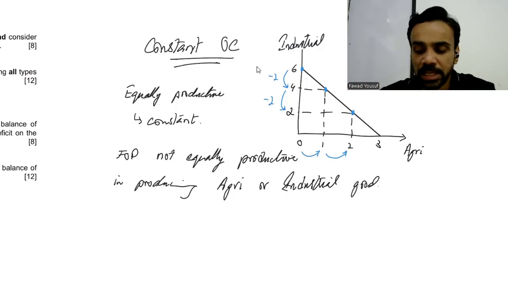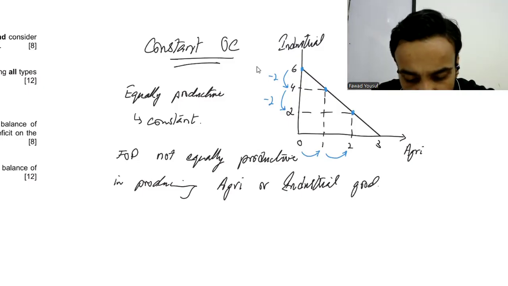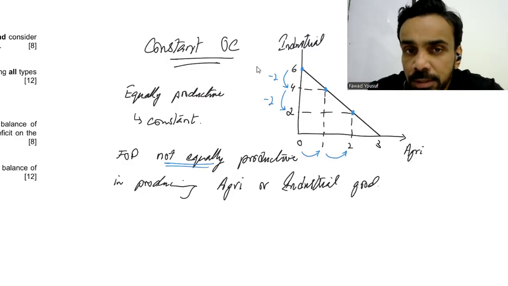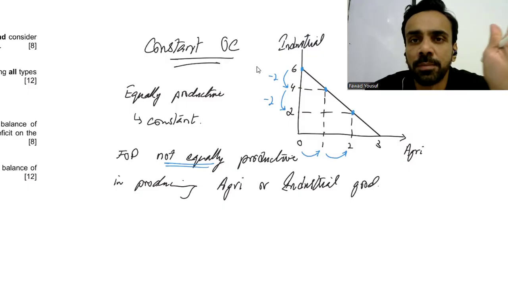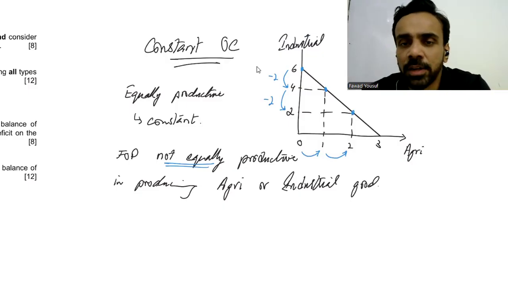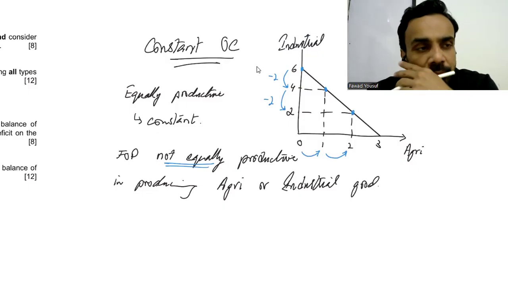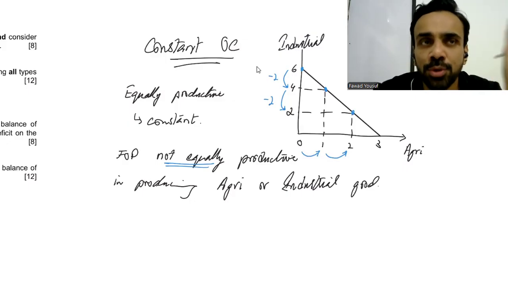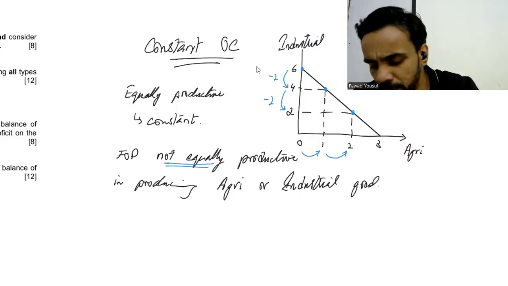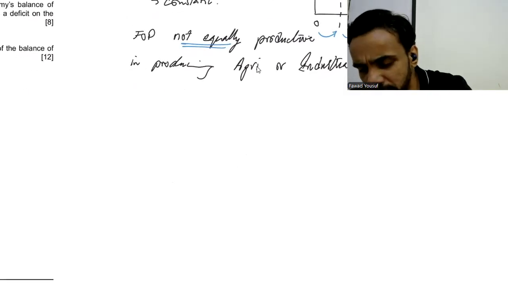Because we're saying that resources are not equally productive, right? And when I have to move resources from agriculture to industrial, the first thing we do is we always send the worst resource first. You know about that, right? Or should I expand on that idea?